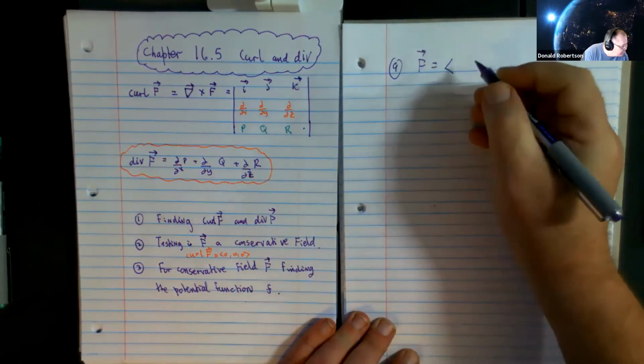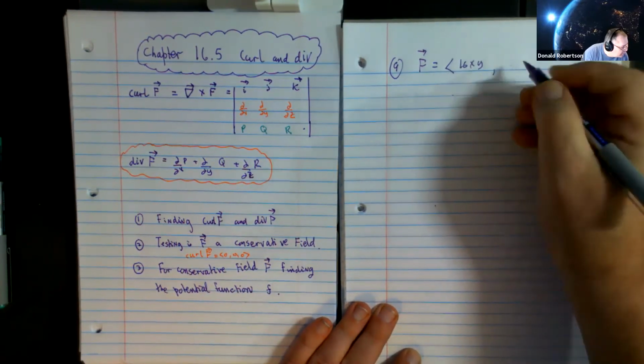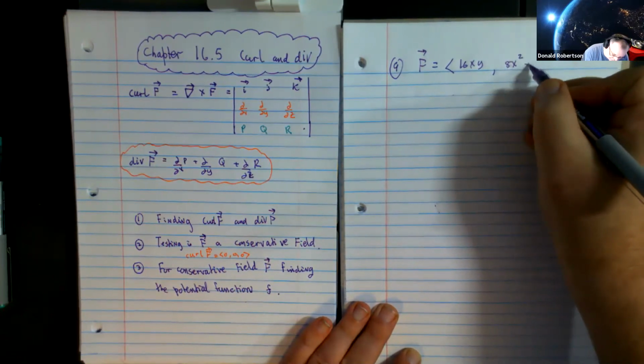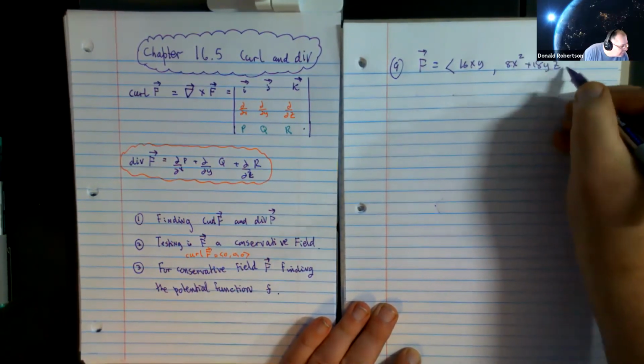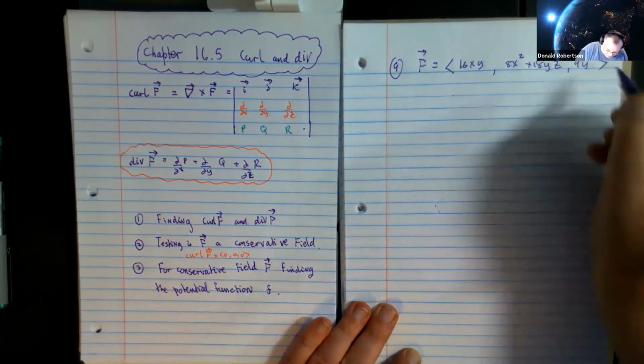Our vector field is 16xy, 8x squared plus 18yz, and it finishes with that guy.